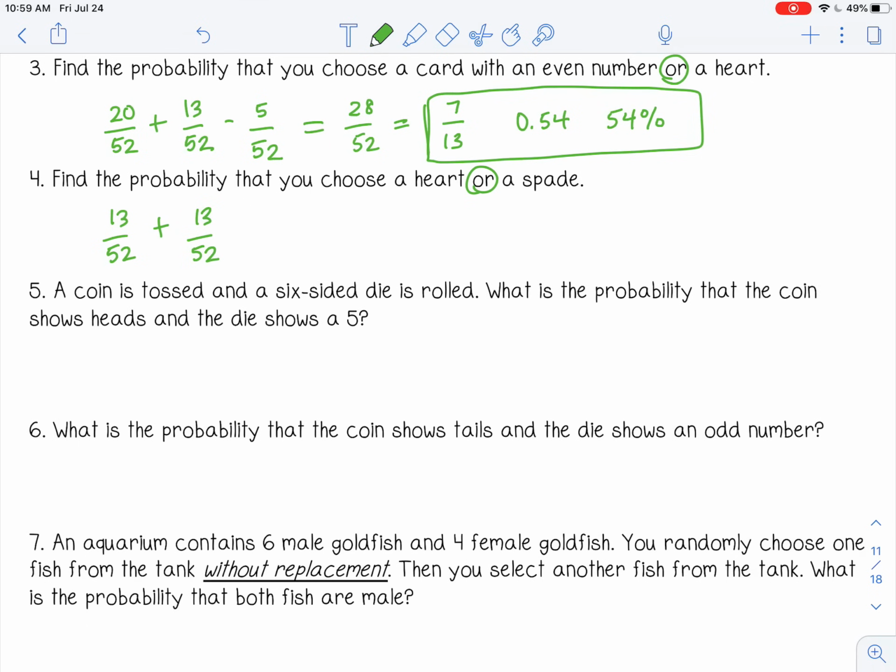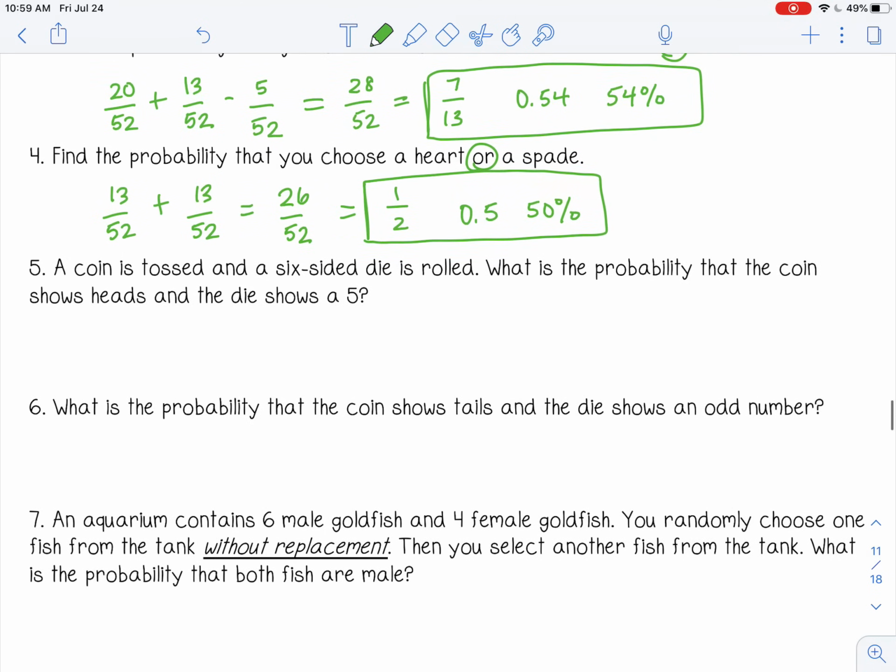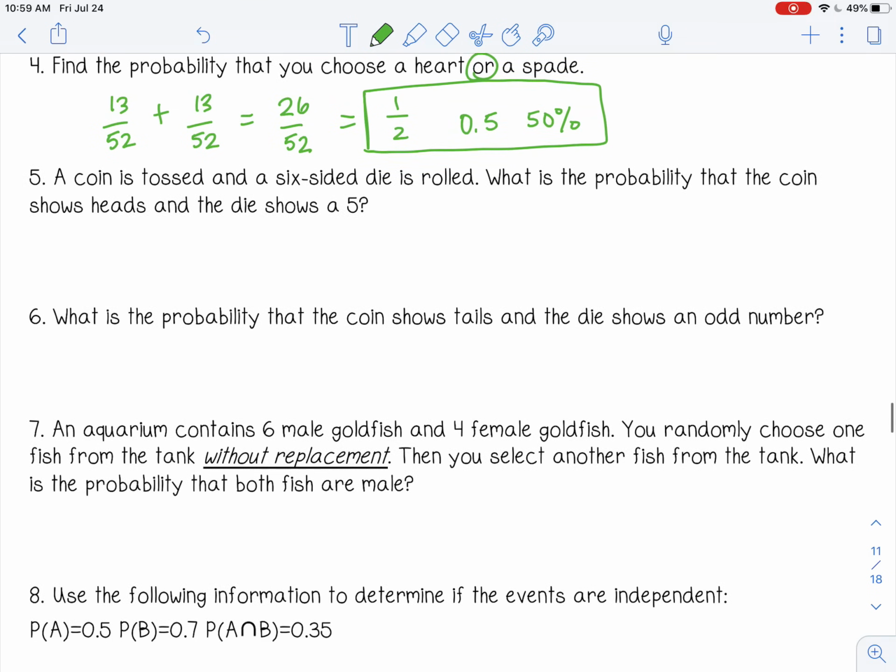All right, you should have said no. These are mutually exclusive events, so we don't need to subtract anything. We just need to add those together. So 26 out of 52. And then that reduces to 1/2, or 0.5, or 50%. And if you think logically about that problem, if you're choosing a heart or a spade, well, that's half the deck.